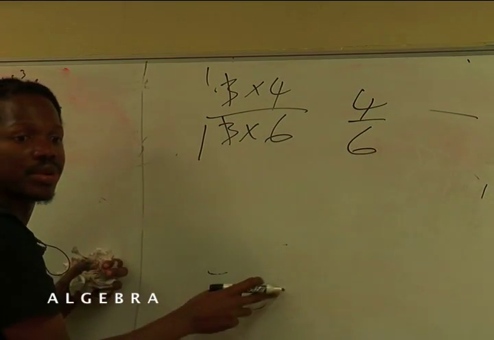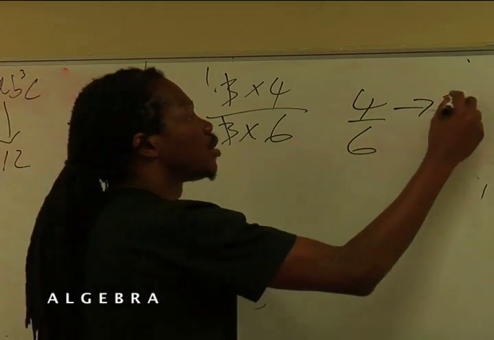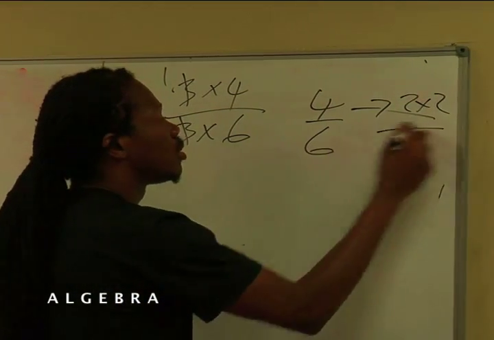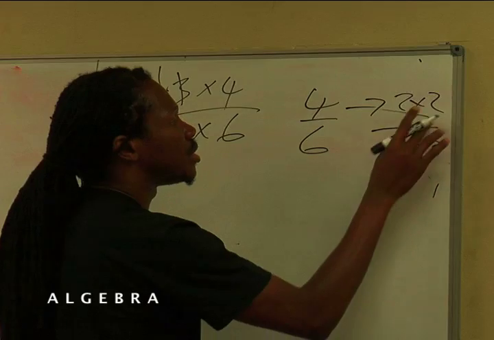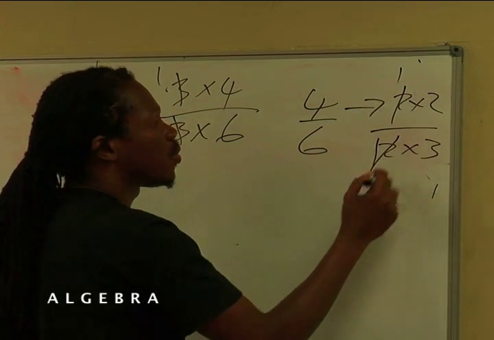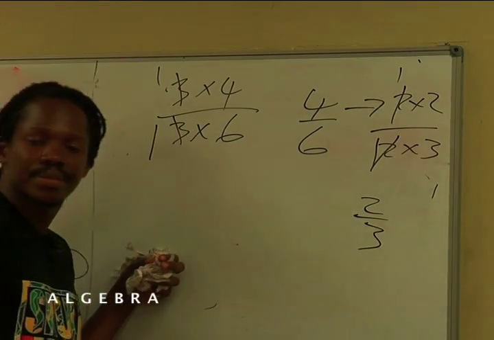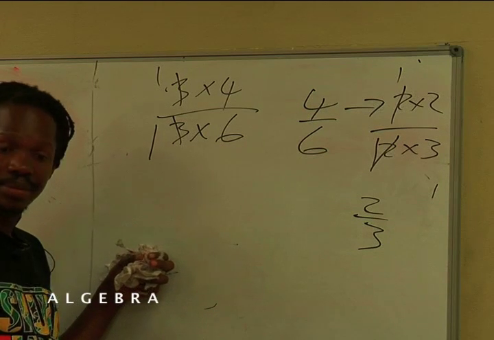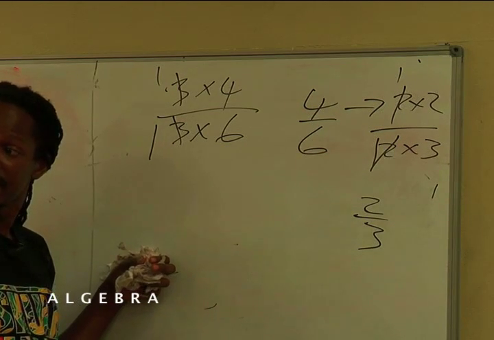Can that go down anymore? 4, 2 times 2. 6, 2 times 3. Cancel, cancel, 1, 1, 2 over 3. You see that? Simple.